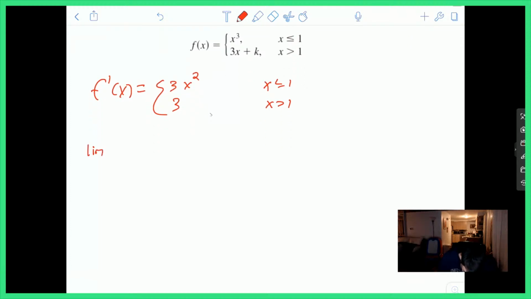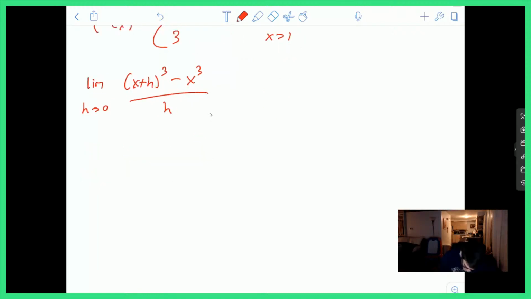Okay, so now let's go ahead and find them out longhand. So the limit as h approaches 0 of (x plus h) cubed minus x cubed over h. So we're going to find the derivative of the top piece here. So this is equal to the limit as h goes to 0 of x plus h times, I'm going to multiply 2 of them together.